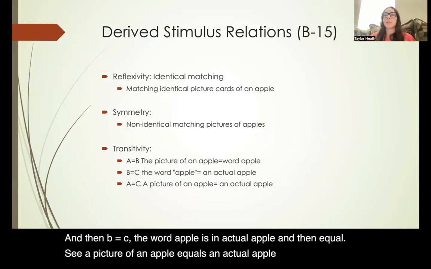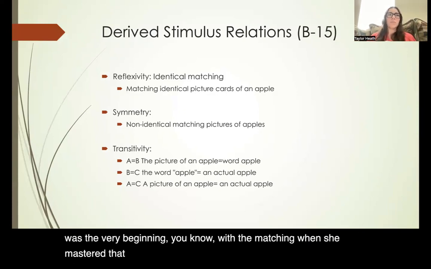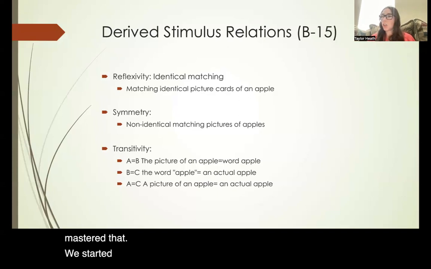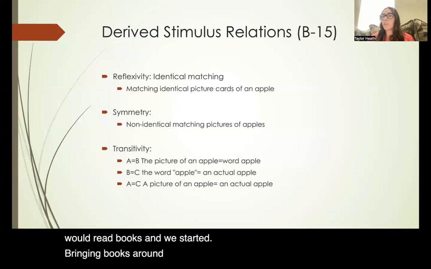So how we did this was the very beginning, with the matching. When she mastered that, we started bringing around the picture cards with us when she would read books. And we started bringing books around her that we knew had the word apple in it, which she loved. And it was really easy.